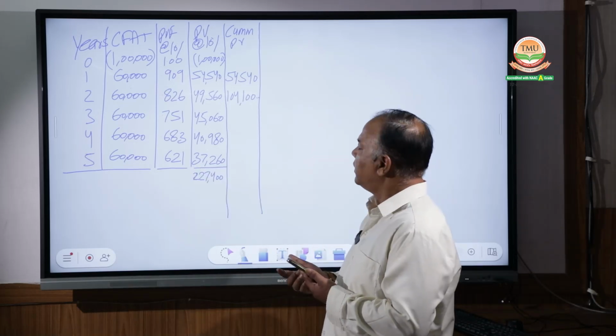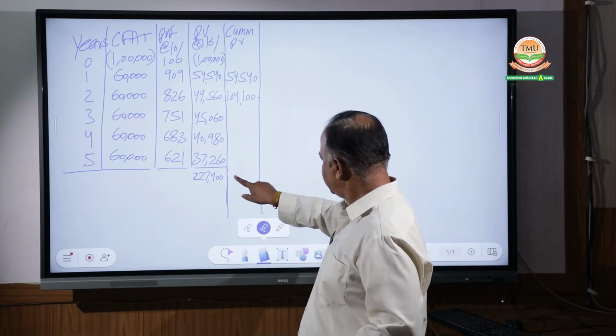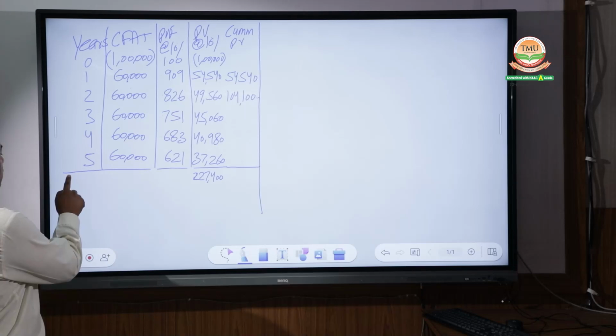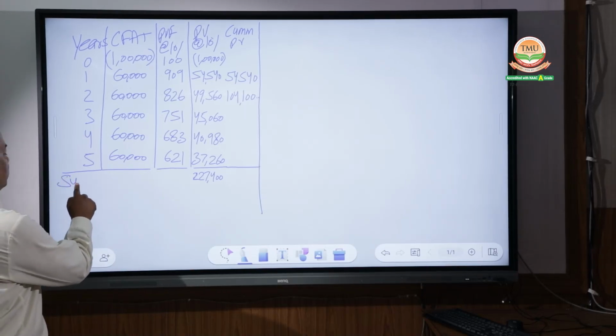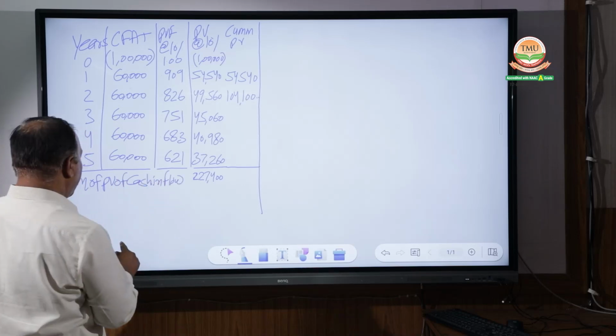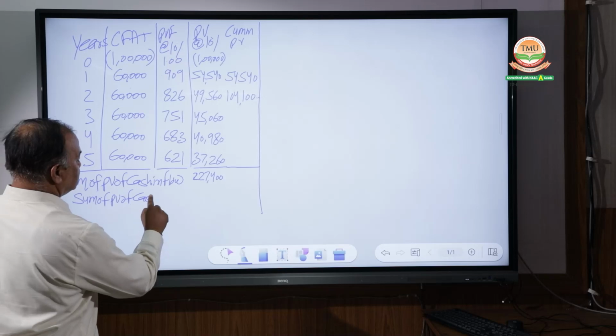Now number 2, I have to calculate the net present value. To calculate net present value, I simply use a formula. According to the formula, first of all write down the sum of present value of cash inflow minus the sum of present value of cash outflow.